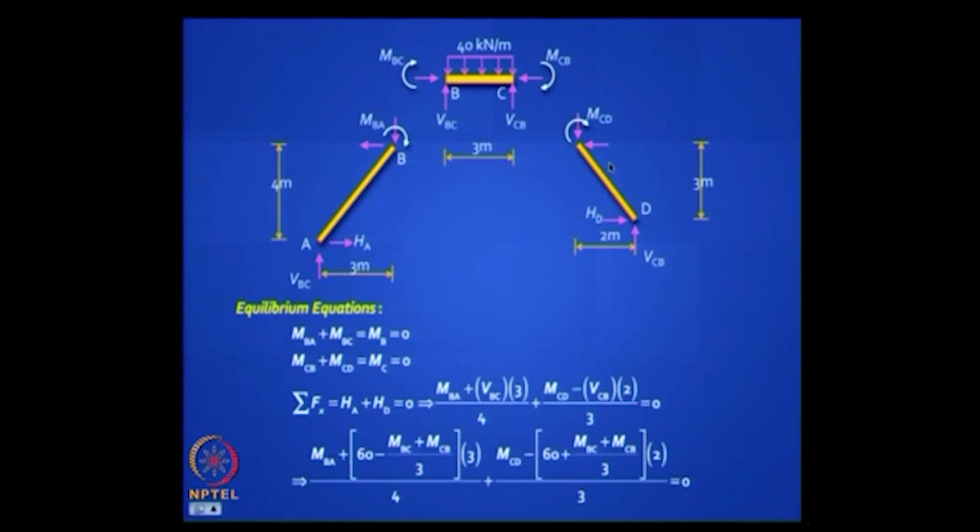HD will be MCD minus, this VCB goes here and gives an anti-clockwise moment, minus VCB into 2 divided by 3. Then the V itself you have to now express in terms of MBC, MCB and the loading. That's the catch. Does this make sense to you? It's all equilibrium, which you are thorough with in the first course in structural analysis.